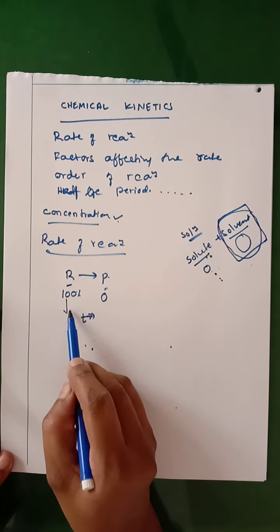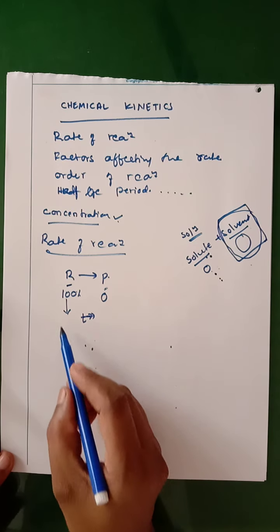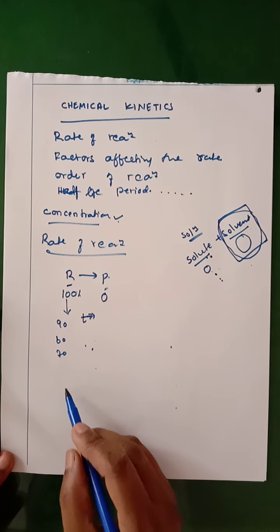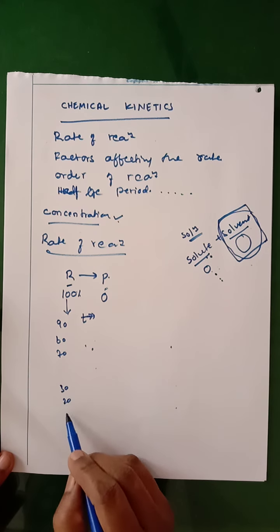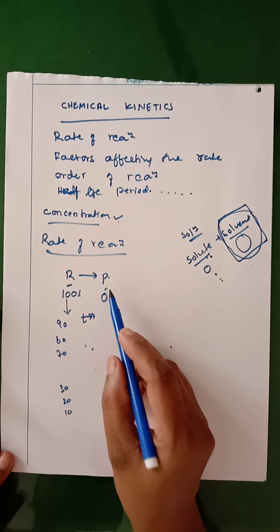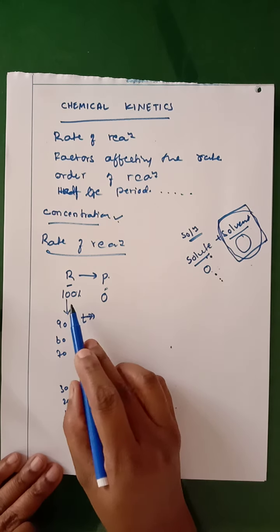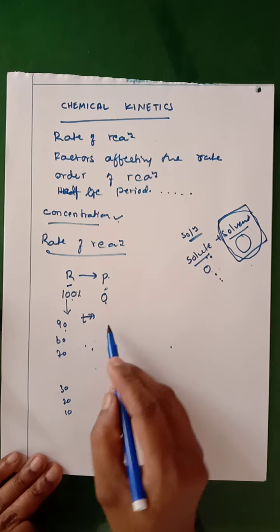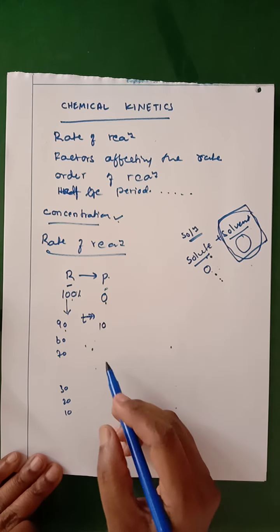the amount of reactant goes on decreasing, that is 90, 80, 70, 60, 50 like that, up to 30, 20, 10. The amount of product formed goes on increasing. So if the reactant is 100%, the product formed is 0. If it is 90%, the amount of product formed is 10%.